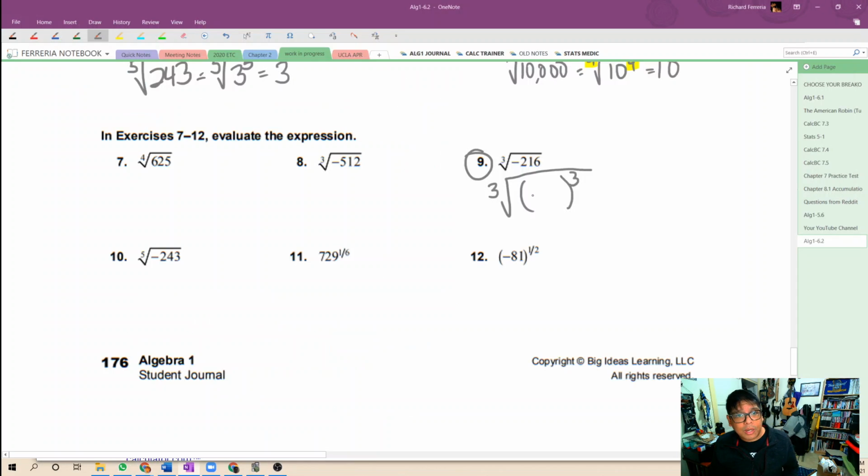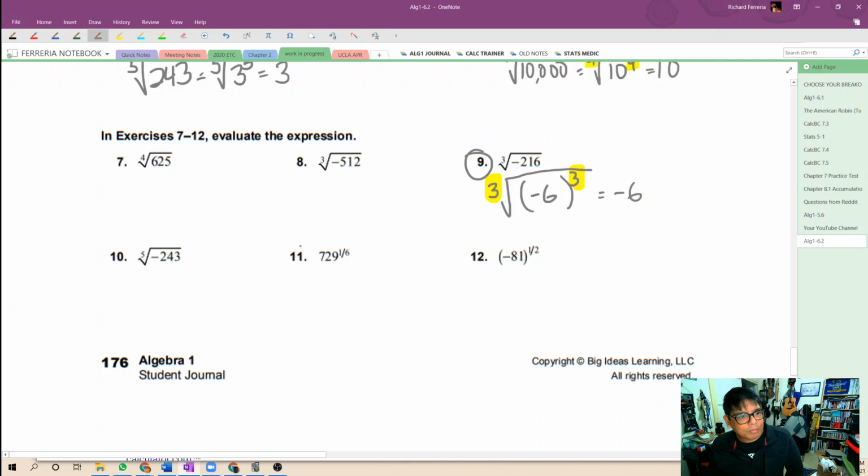So this is negative 6 to the third power, just by guessing and checking, okay? Get a good calculator. You're in algebra now. And if you don't have one, use Google. So the power matches the index, so the answer is negative 6. Okay?